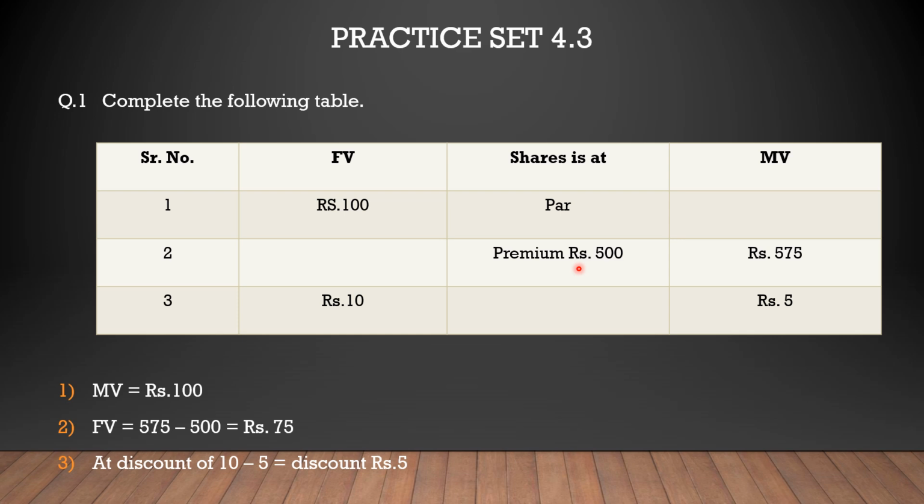And third condition, if FV is greater than MV, then shares is at discount. First, shares is at par. Second, shares is at premium. And third one, shares is at discount.